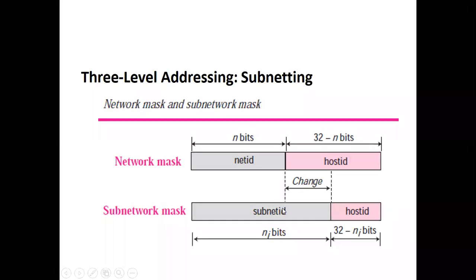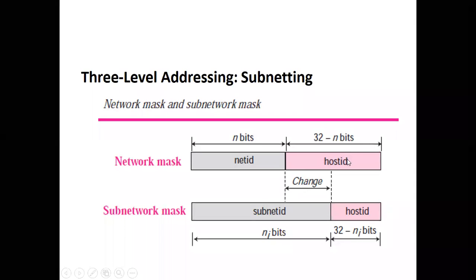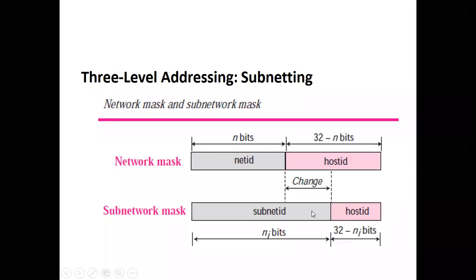As well, you can make an adjustment in classful addressing also, in this kind of way, where you can borrow a certain number of host bits for the network bits. See the situation: you can borrow certain host bits into the network bits, meaning you can increase the number of network bits.